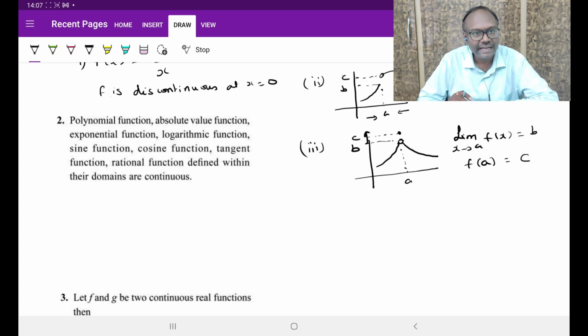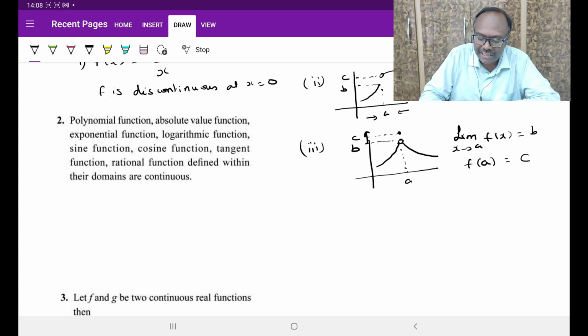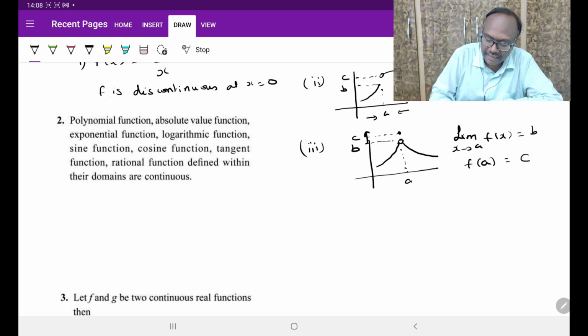So suppose a question comes like, find the interval in which this function is continuous. You can simply find the domain and say that that particular function is continuous in that particular interval. For example, what is the interval in which a polynomial function is continuous? We know that a polynomial function has domain R, so it is continuous for x belongs to R. So we can write like this.